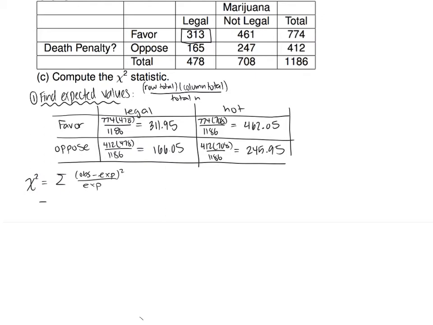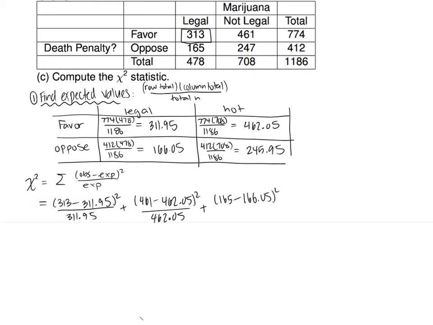So in this case, we have 313 minus 311.95 squared over 311.95, plus 461 minus 462.05 squared over 462.05, plus 165 minus 166.05 squared over 166.05, and then plus 247 minus 245.95 squared over 245.95.